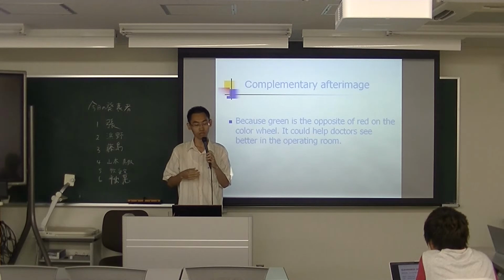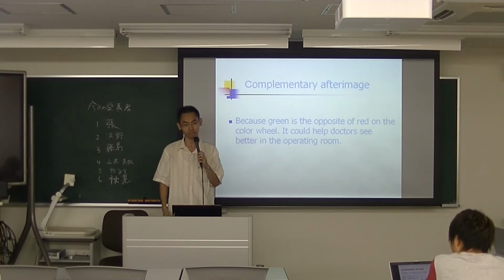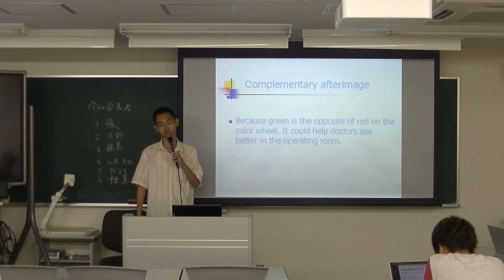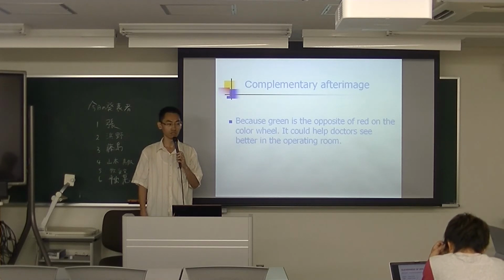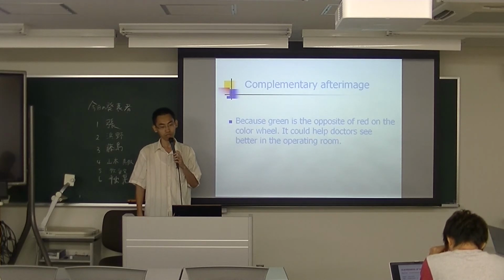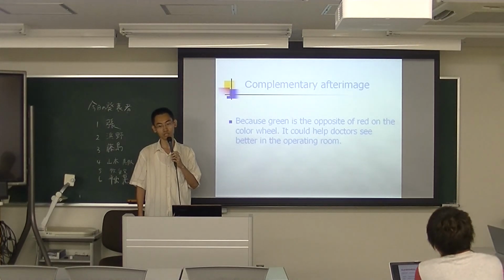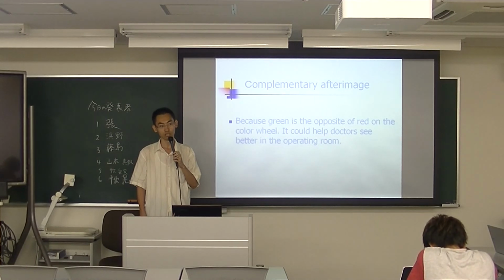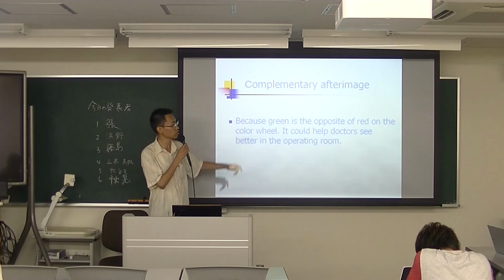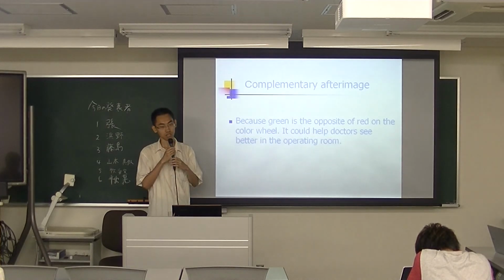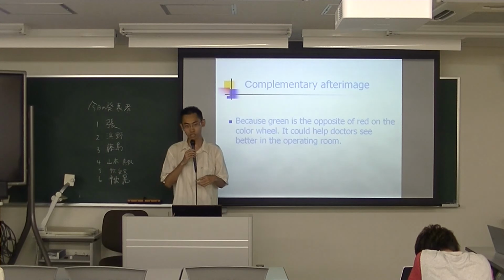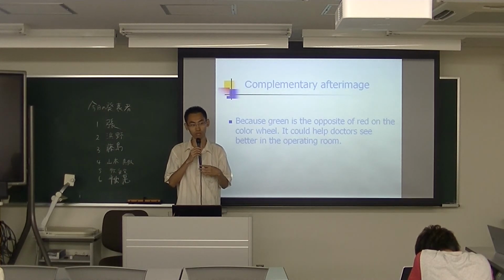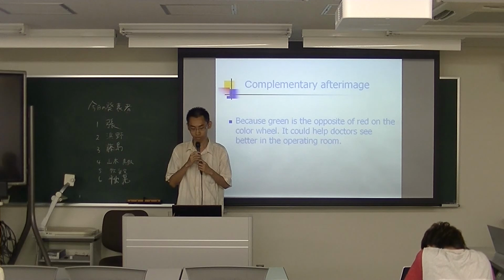If a surgeon sees something red and pink, including the bloody innards of a patient during surgery, he becomes desensitized to it. Because of the complementary afterimage, the red signal in the brain actually fades.